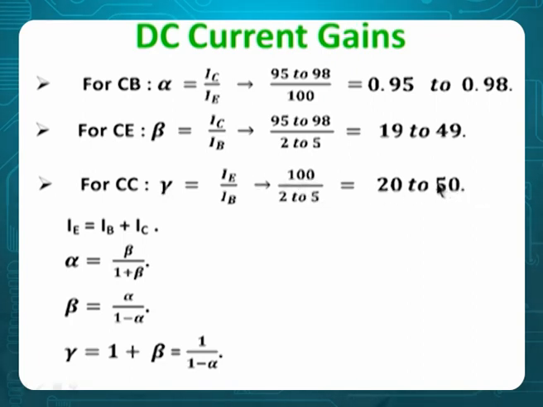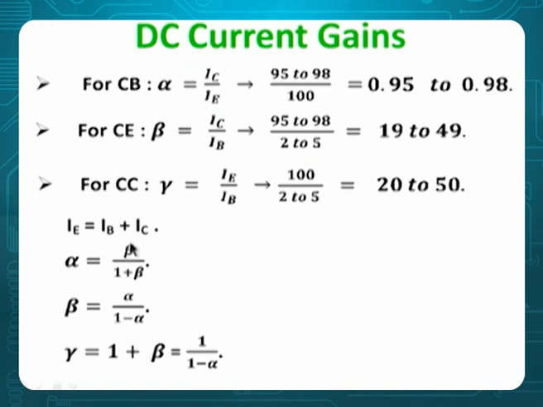By looking at this, you can say one thing. Alpha, beta, gamma are not fixed values, but a range of values. And depending on the biasing conditions, the exact value will be known to us. Depending on the biasing condition, currents will be decided.